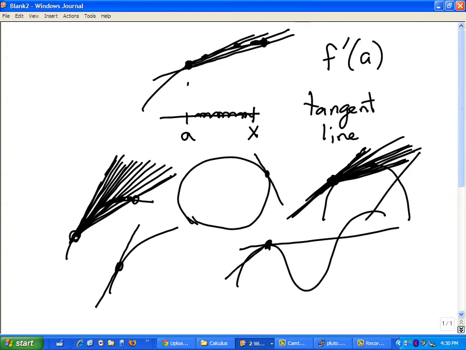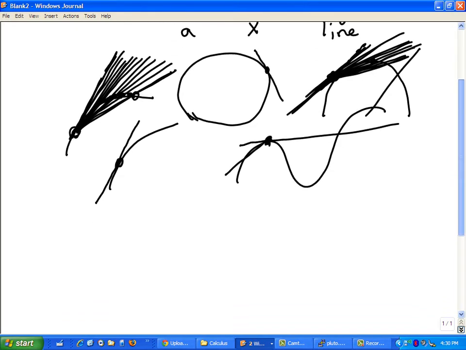Now there's an interesting thing that happens where a curve looks like this at some point, where it has what you might call a cusp. If you look at this point and you're looking in from this side, the lines that you get will all have slopes that are like this, positive. And if you look from the other side, the lines will all be like this.